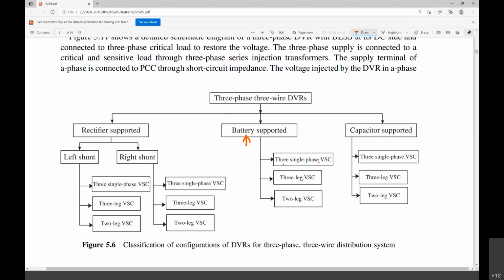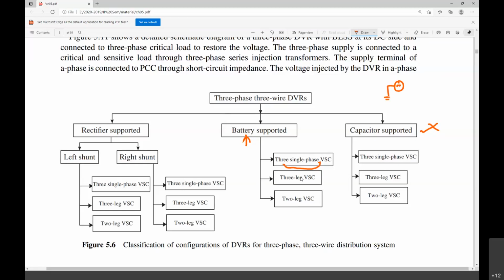We'll see the three single phase VSC topologies also. When you have a capacitor supported, this is not the appropriate method. Why? Because, as I was mentioning, the system itself is in a weak condition.